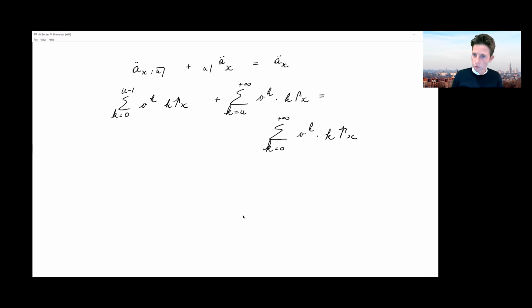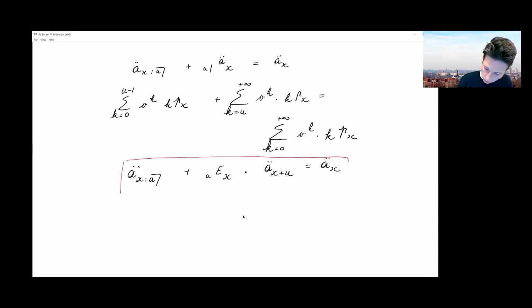Now, that's just a matter of splitting the sum in what is happening before time U and what is happening from time U on. So rewriting it slightly, we would have the following identity. So we've got then the term annuity plus UEX multiplied with the whole life annuity issued to an X plus U year old, and that is equal to the whole life annuity issued to an X year old.